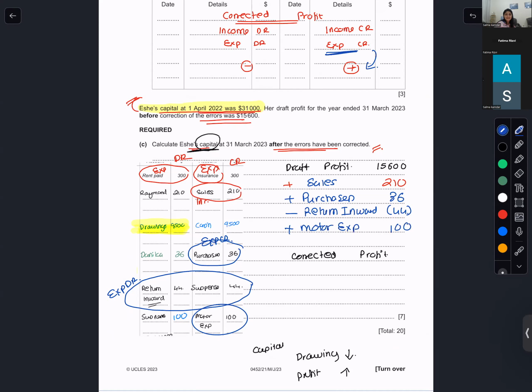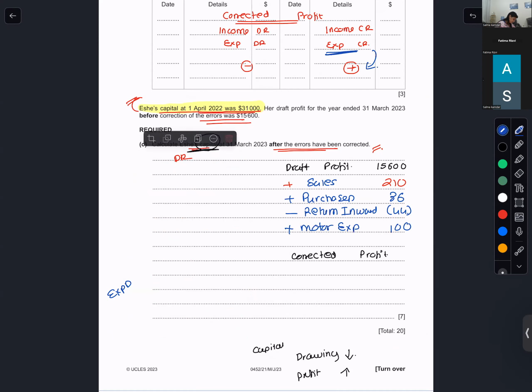So what is the corrected profit? 15,902.